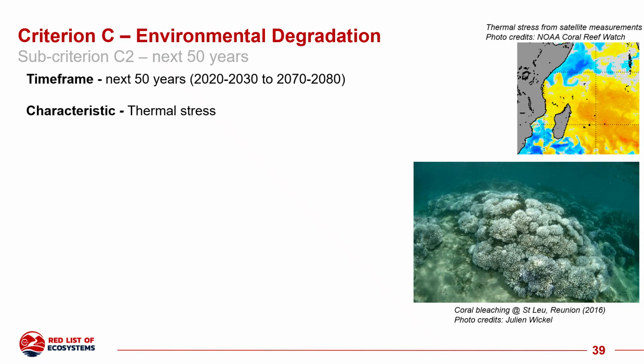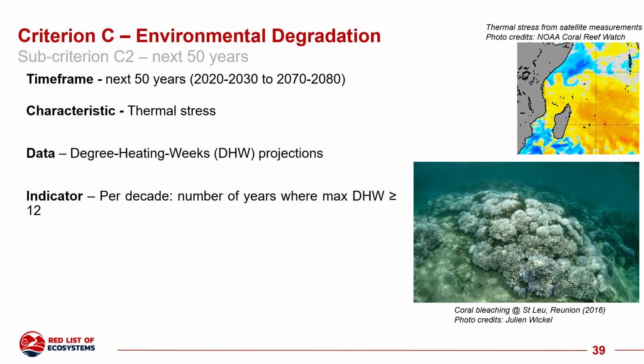Each region will use modelled climate projections to assess future degradation, specifically projections of annual maximum degree heating weeks, DHW. The relationship between degree heating weeks and coral bleaching and mortality is well established. The specific indicator used to measure the decline is the number of years in a decade where DHW is high enough to cause severe and widespread bleaching.